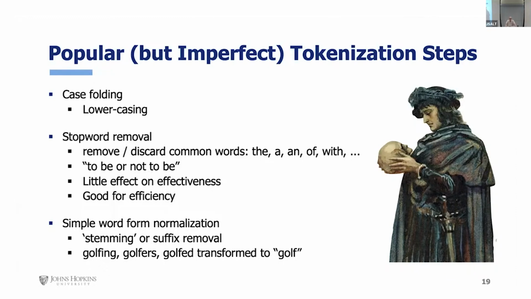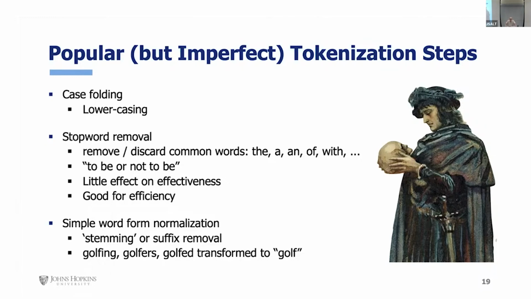Now, this doesn't really have much of an effect on the effectiveness of the system, but it does have a strong effect on the efficiency of the system, because you can imagine if you're building a concordance essentially, and you want to have a pointer to every document that contains "the," that's a lot of space that's pretty much wasted. So stop word removal is often done, but it's mostly for efficiency. And then there's word form normalization.